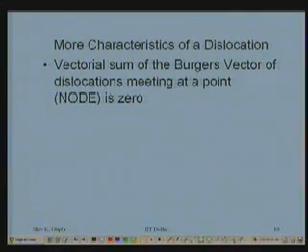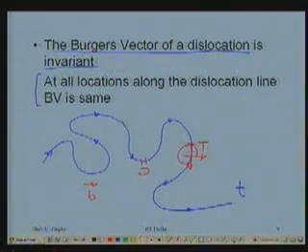So in some cases the angle won't be 270, not 90 and not 0. Then it's a mixed dislocation, right? This is the T vector and this is the B vector.